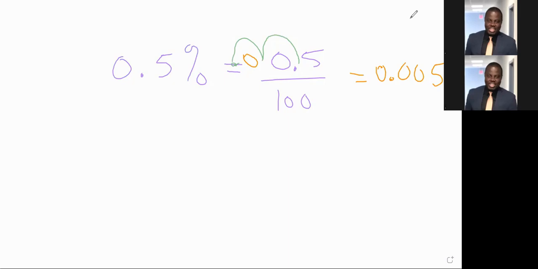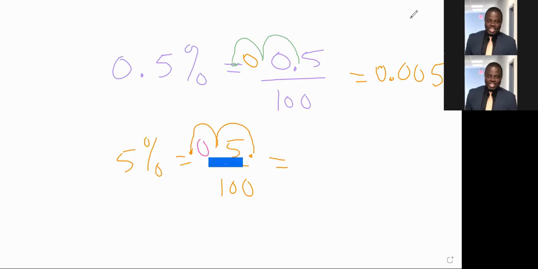Now, 0.5% is different from 5%. If I have 5%, this is 5 over 100. Remember, I've got a point here, so I move 1, 2 times, and then I put a 0 here.